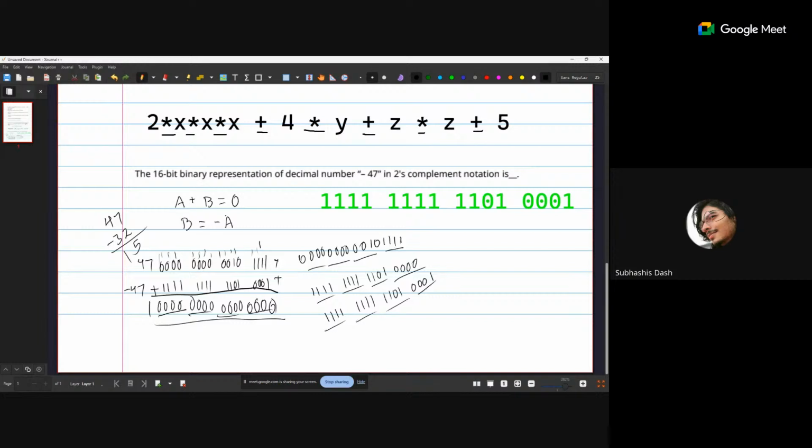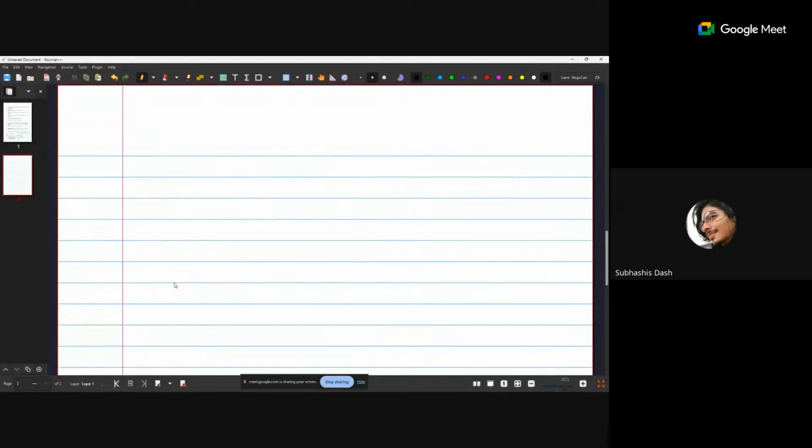And if you guys want to calculate 2's complement the long way, then we can just take this one and then subtract, let's say, the same number.